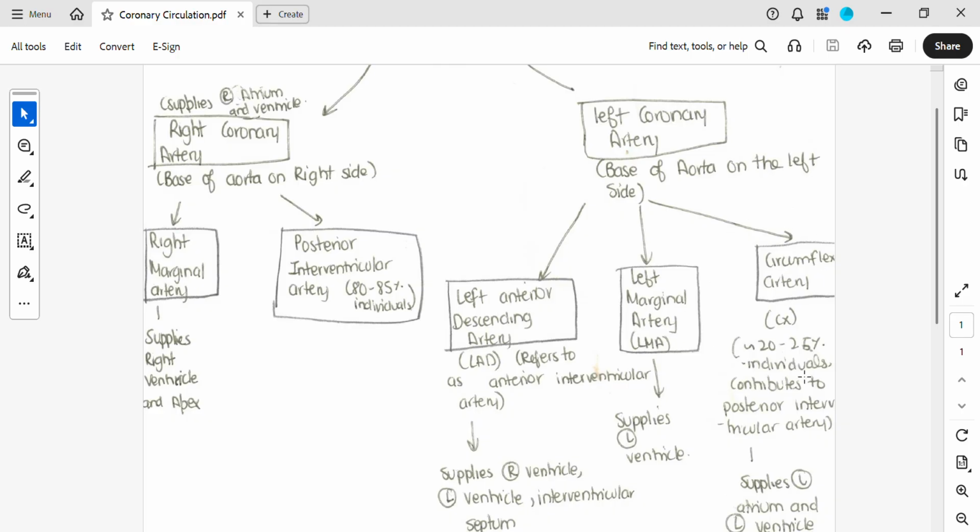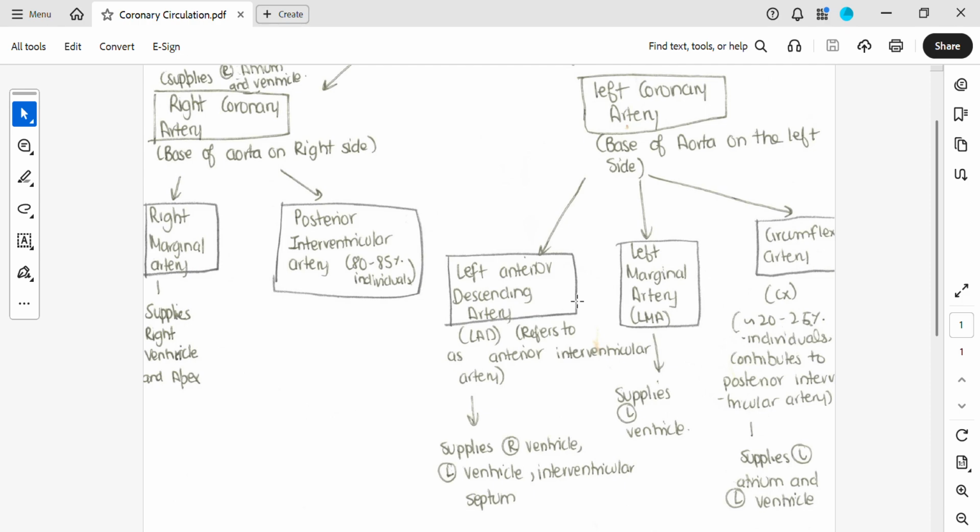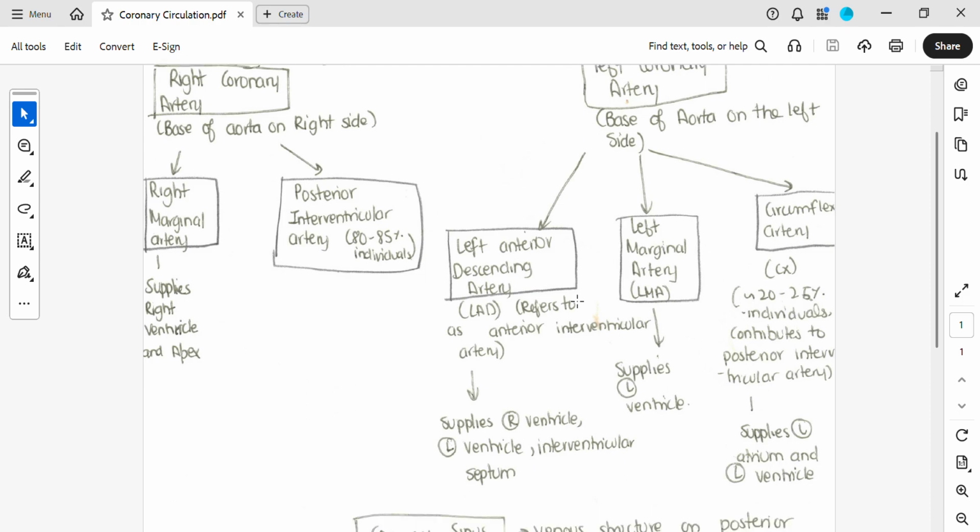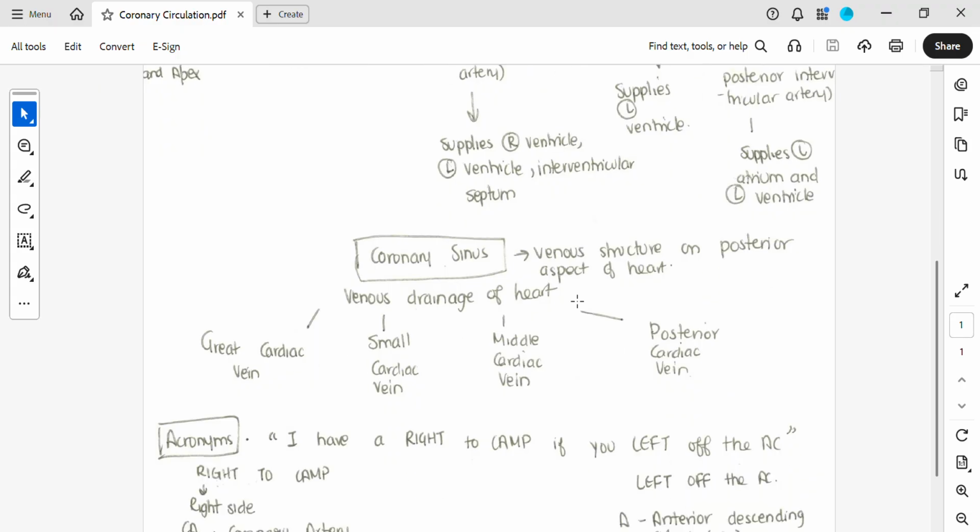And then your circumflex artery is on the lateral side, so it feeds the lateral wall of the heart. If there is damage to this artery, you can see changes in lead 1, AVL, V5, and V6. That summarizes it and makes it easier to know, because the feeding of the coronary circulation is really important, and then you can see the management and things accordingly.